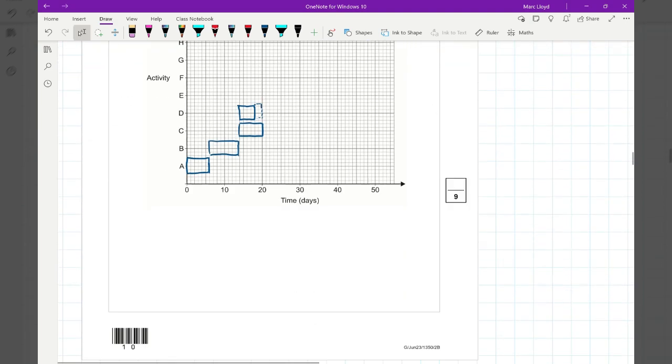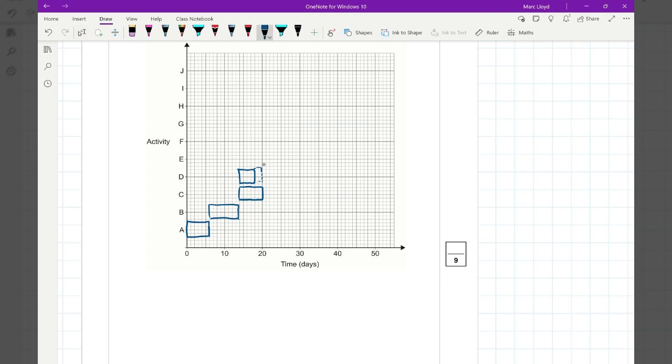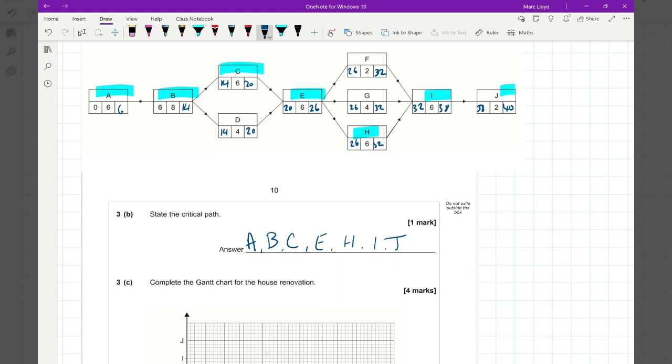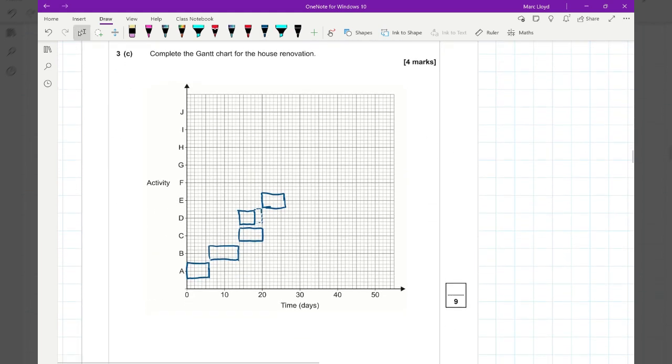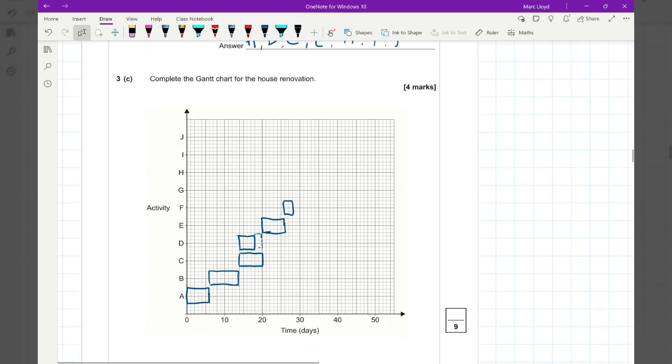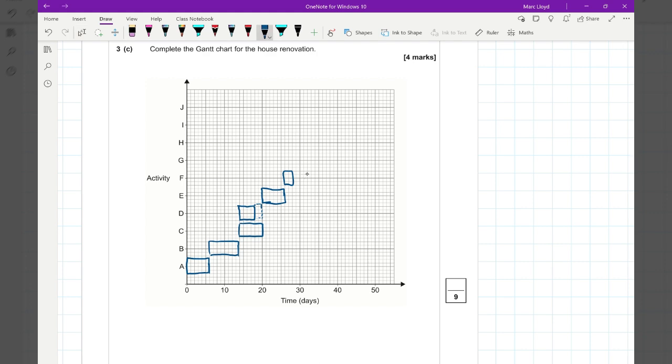E, 20, and goes on for 6. F starts at 26, goes on for 2. And then it's late times 32.